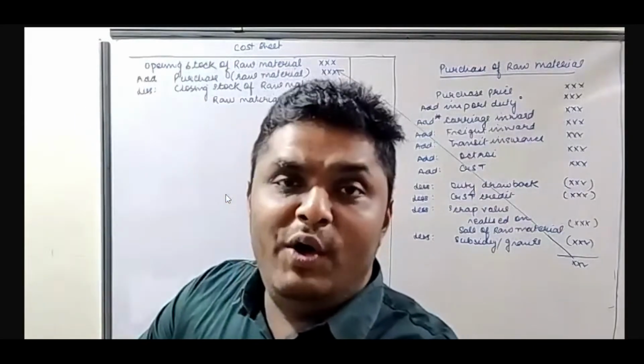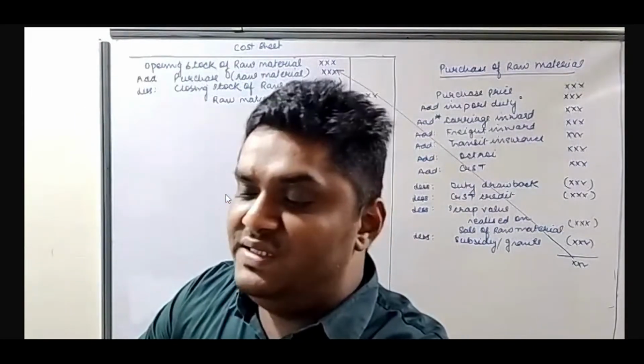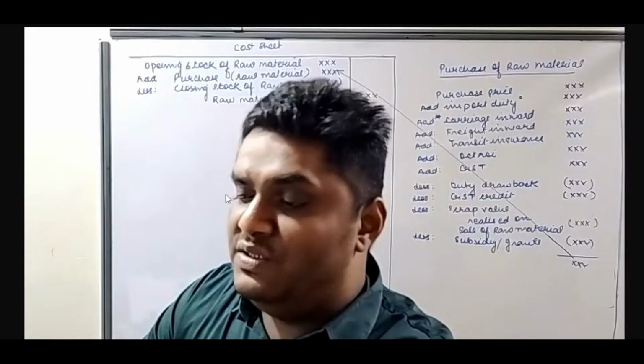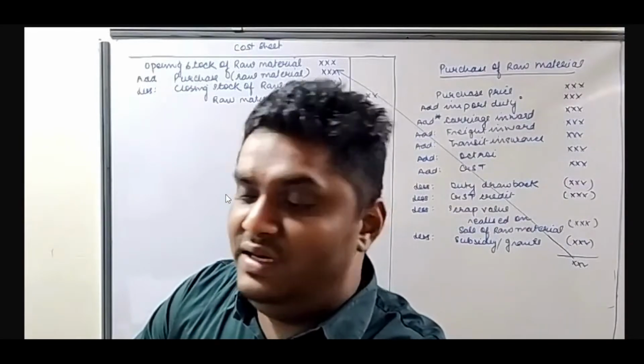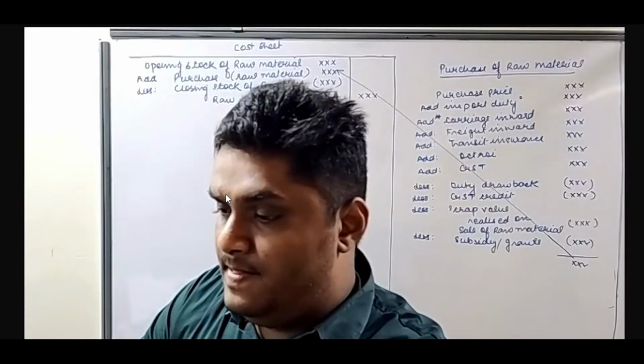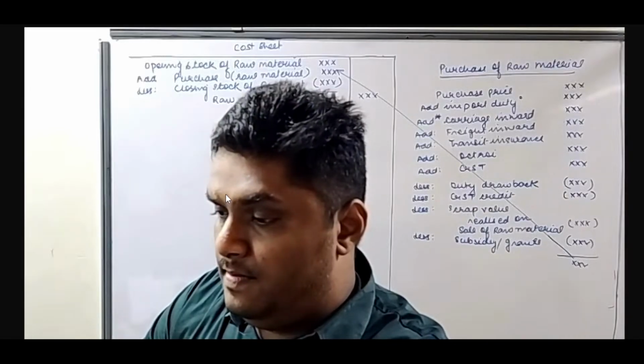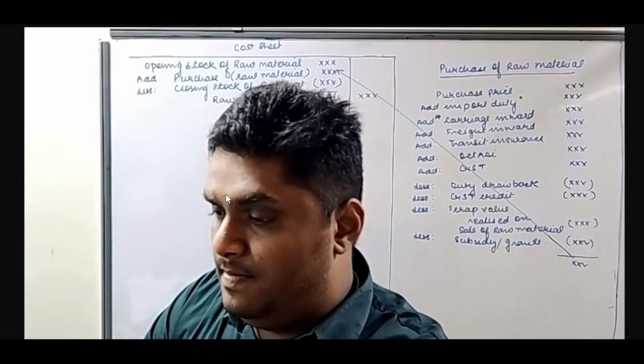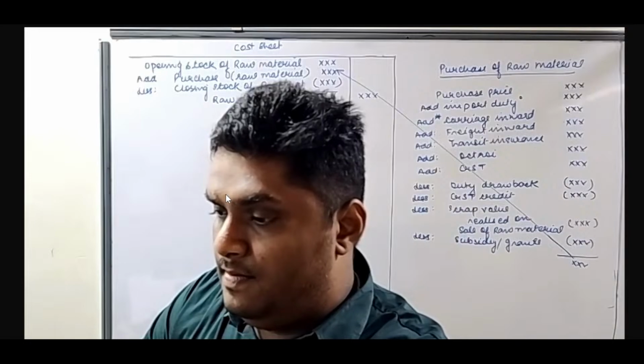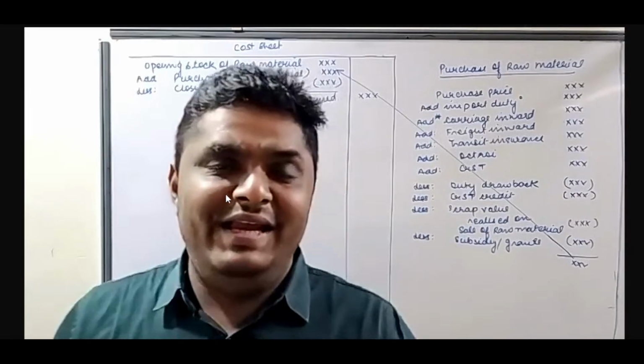This amount will be amortized and it will form part of direct expenses. It's not a material. They are purchasing a frame, not the raw material, my dear. Let's say I'll give you an example.